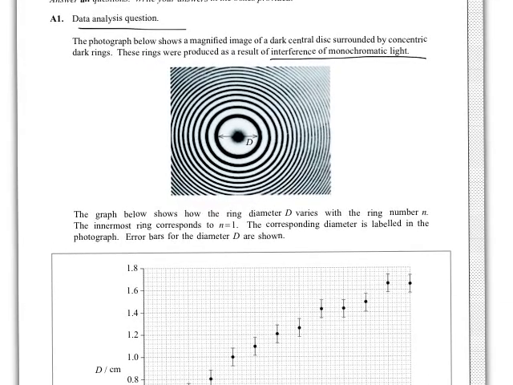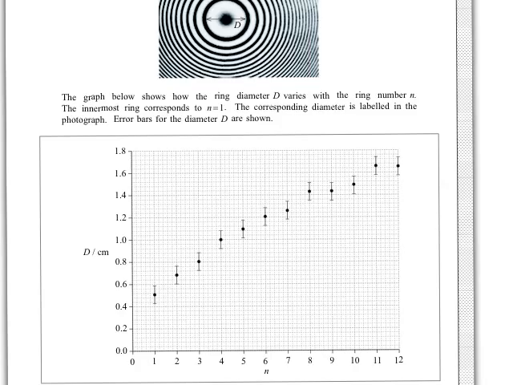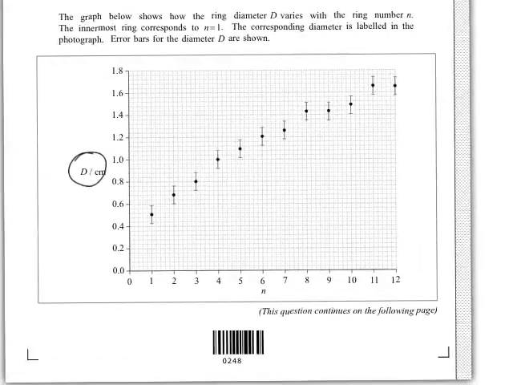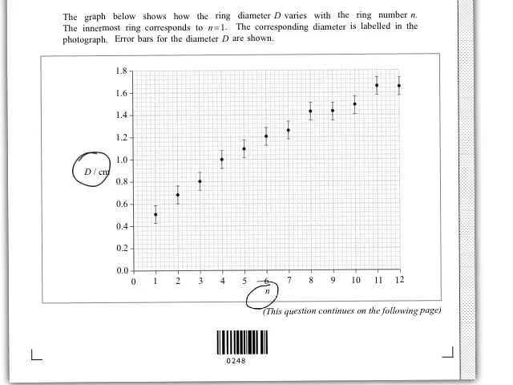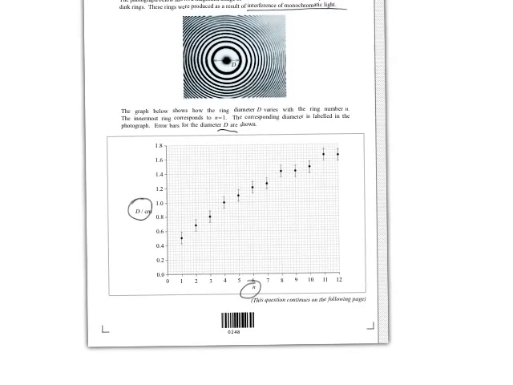And you can see on your graph that you have two quantities, D and N. The first thing to do in this kind of question is to really familiarize yourself with the quantities that are being measured. D is the diameter of the rings. So if we have a look, we're looking at the diameter of this circle that's made by these rings, and N is the number.